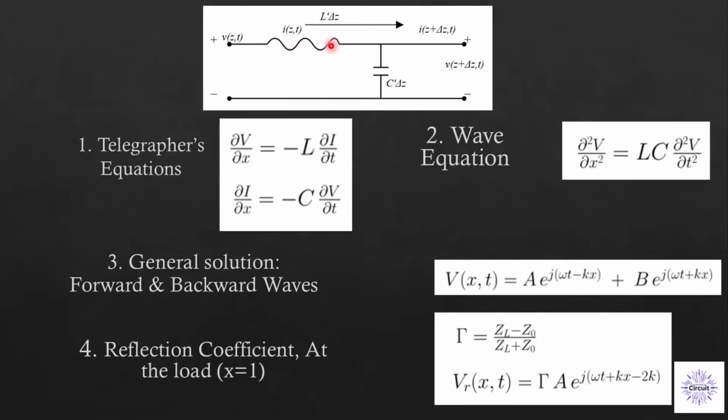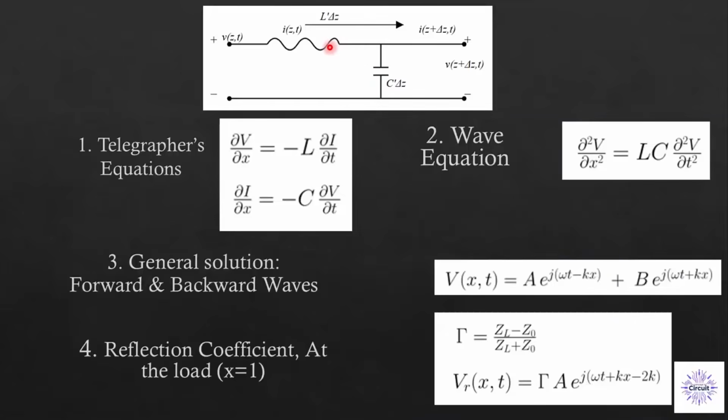Usually, if we want to simplify our transmission line and assume that our transmission line is lossless, so as the voltage or wave is traveling, its amplitude is not changing, we can assume there are no resistances or conductances in the path. But still, to account for the phase change of the voltage, transmission lines can be modeled by small segments, each segment consisting of an inductor and a capacitor.